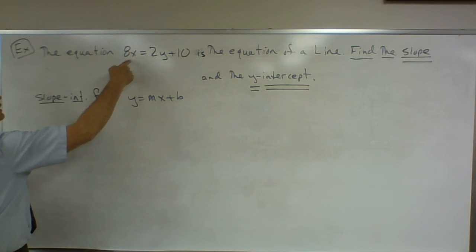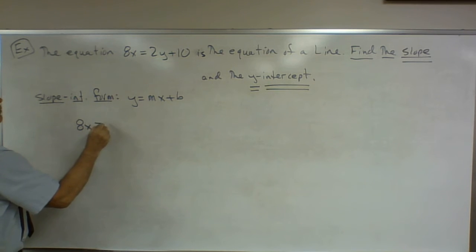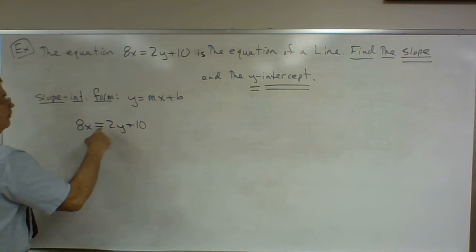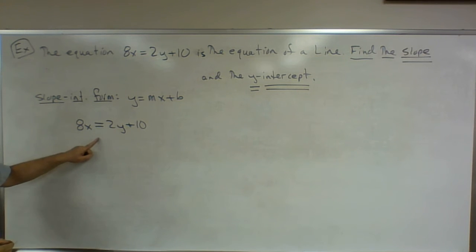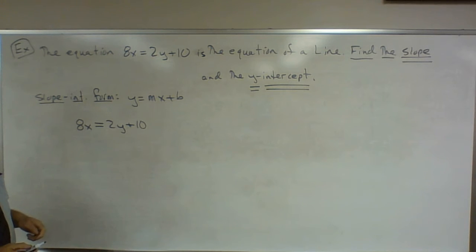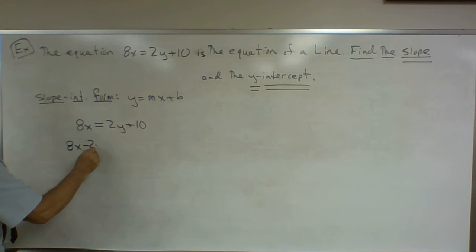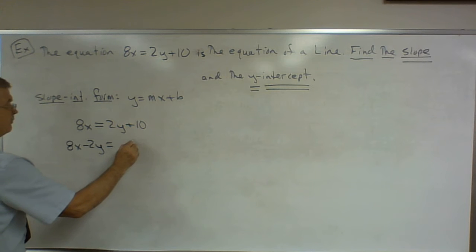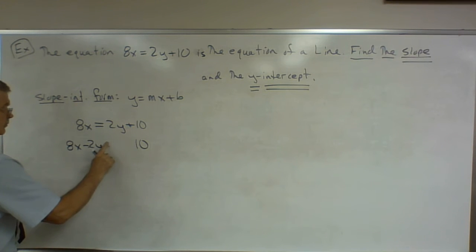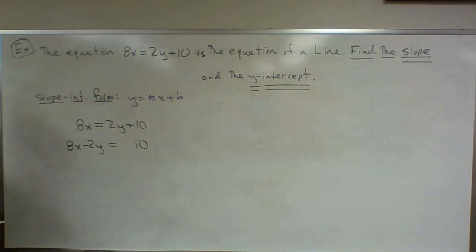So what we're going to do, we're going to take our equation and step by step we're going to get it in this form. The first thing I think we need to do is get our y on the left side. So we'll subtract 2y from both sides. 8x minus 2y is 10. We just subtracted 2y from both sides.